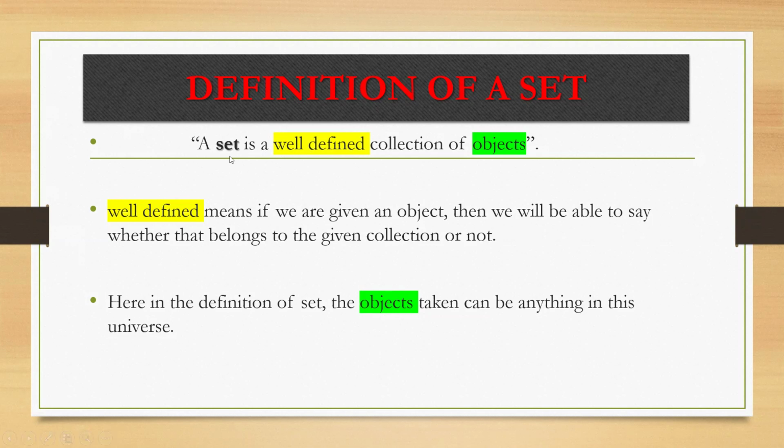But the collection of vowels in English alphabet is well defined and hence it is a set. The fourth example, which was the collection of all beautiful girls in your class, is also not well defined because we are not sure whether a given girl in your class belongs to that collection or not. Hence, the fourth example is also not a set. Is that clear?